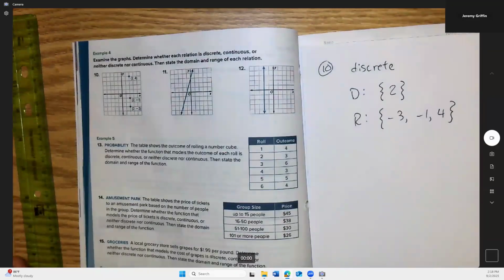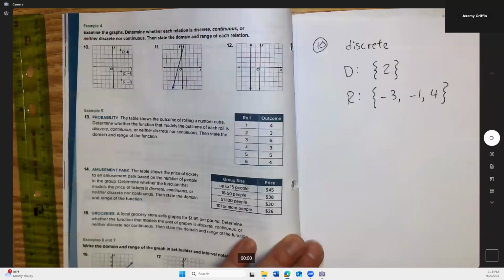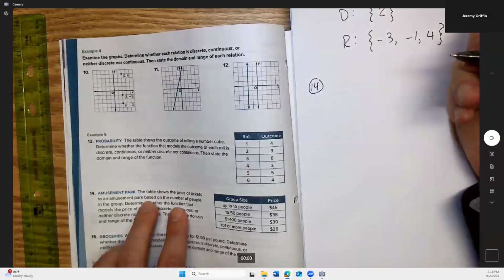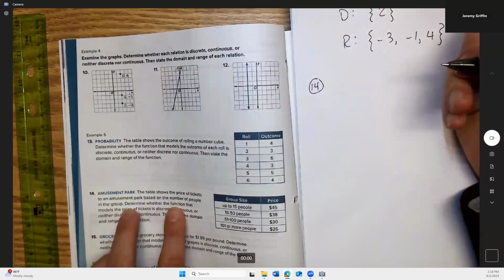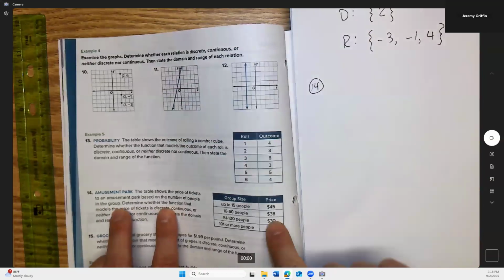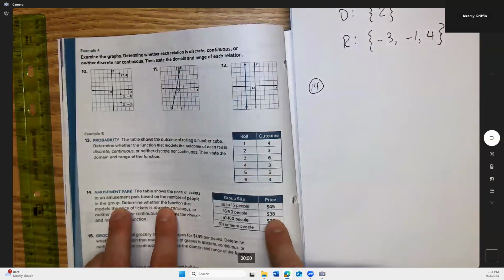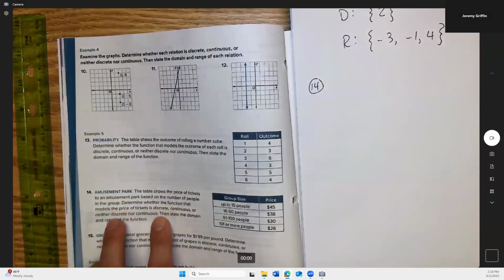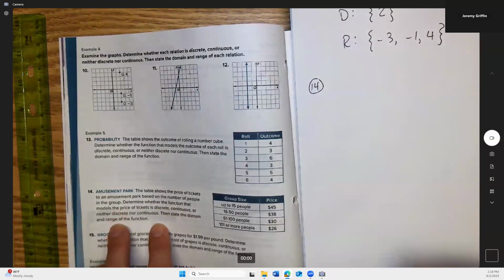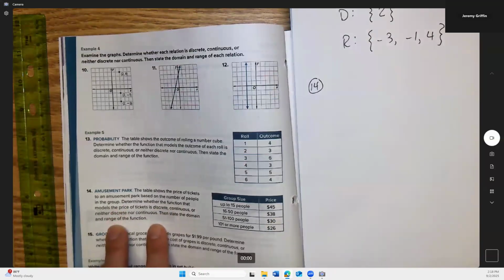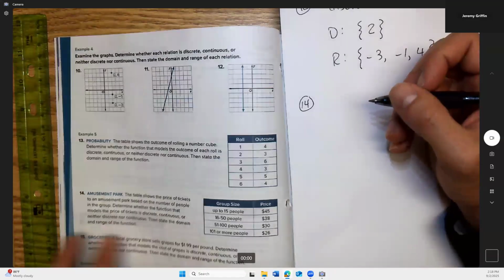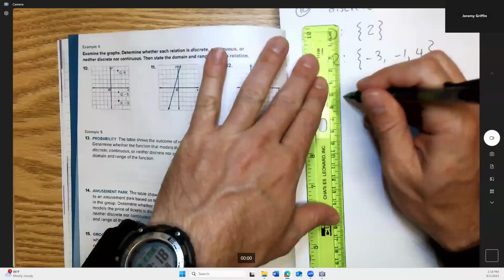All right, let's do 14, amusement park. The table shows the price of tickets based on the number of people in the group. I think it's supposed to be price per person based on the number of people. Determine whether the function is discrete, continuous, or neither, and state the domain and range of the function. I want to draw this out so it makes more sense.